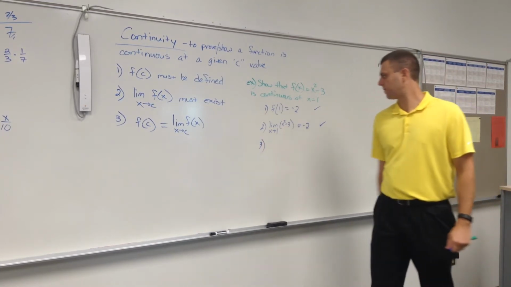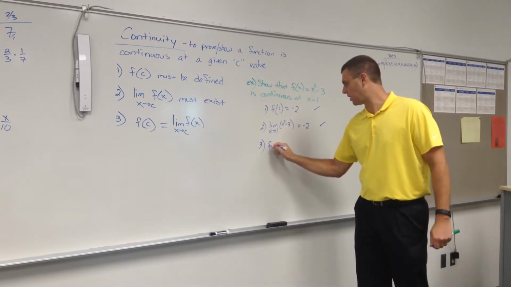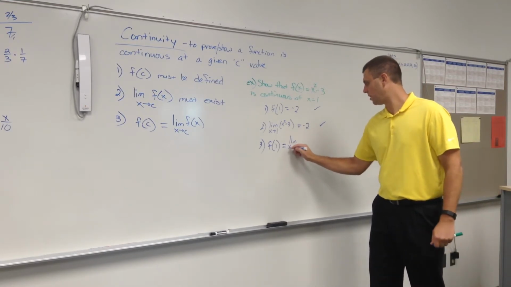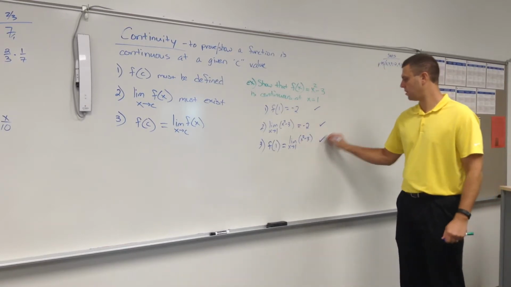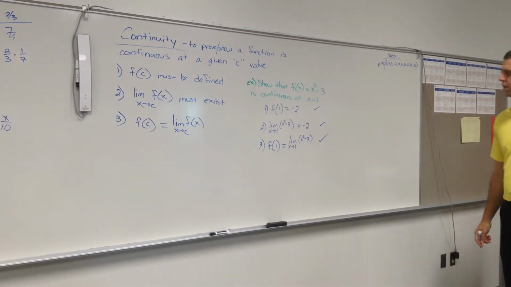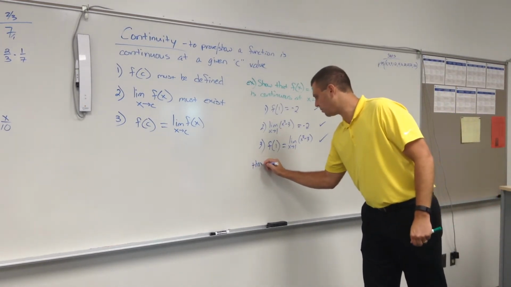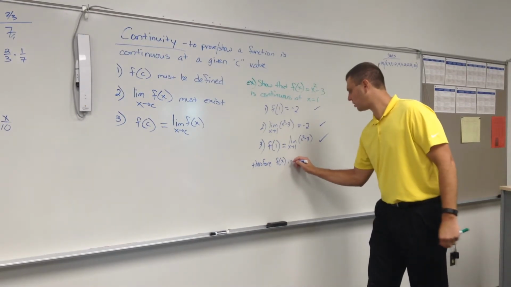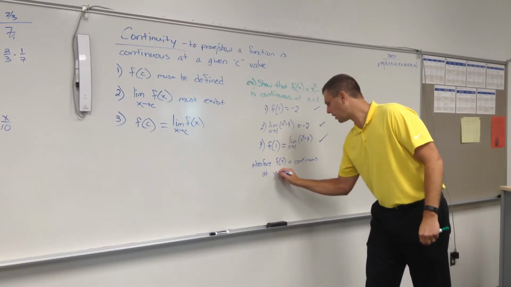And then the third step, we can now look at our first two steps and say that f of 1 equaled the limit as x approaches 1 of x squared minus 3. So all three of those things checked out, and then I would put it in writing. Therefore, f of x is continuous at x equals 1.